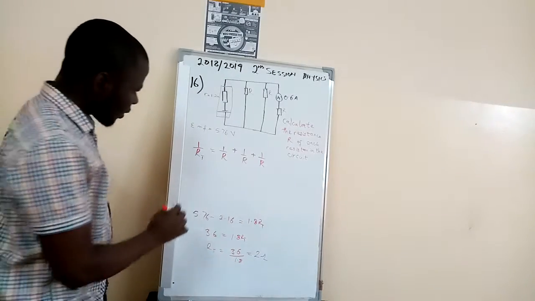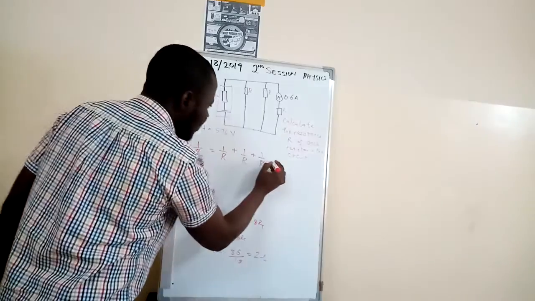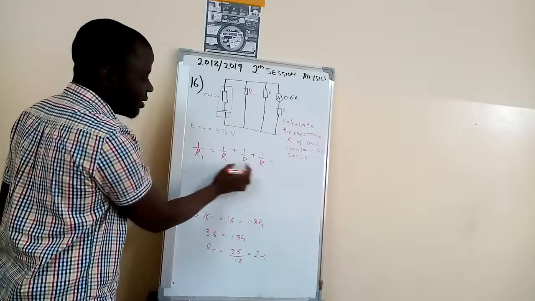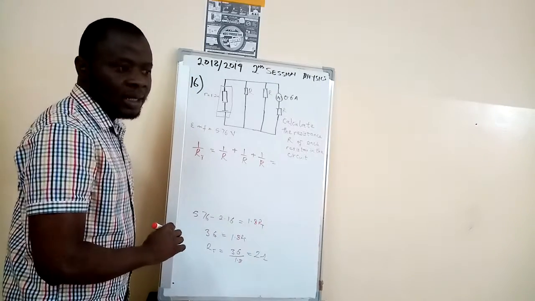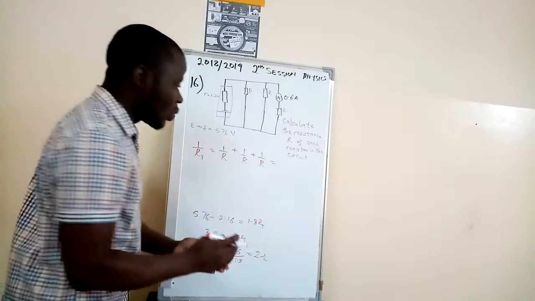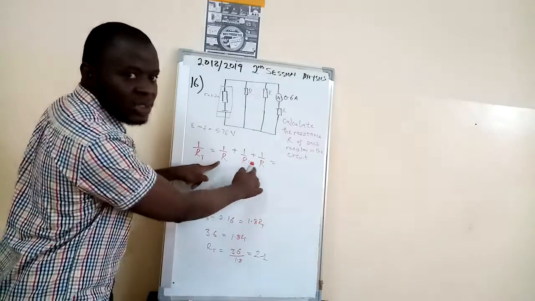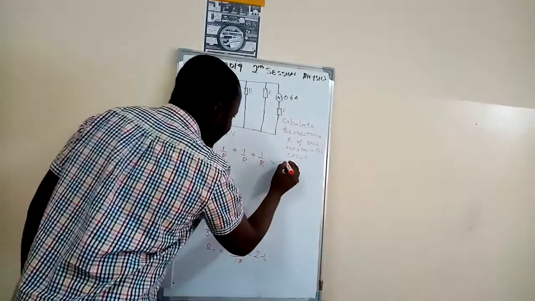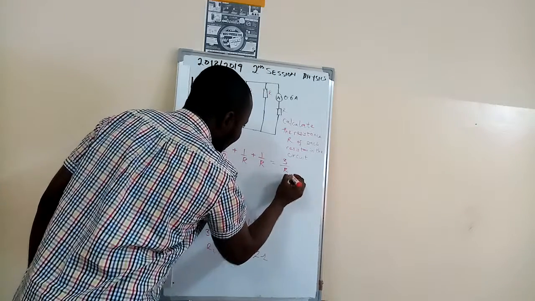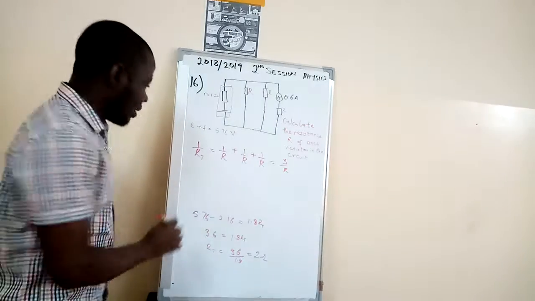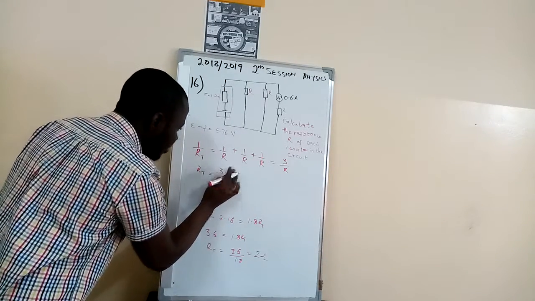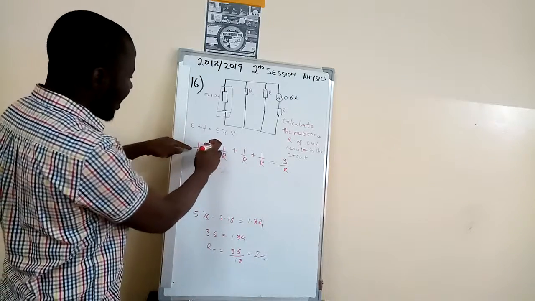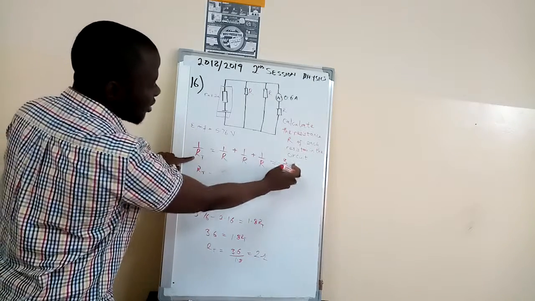Now what do I do next? Since I have the same thing at the denominator, I will add the numerators together. I will say 1 plus 1 plus 1 because the denominator is the same. So I have 3 divided by R. Now I have 1 over R total here and 3 over R here.